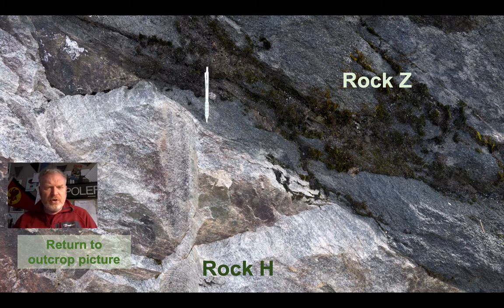Remember, the key feature of rock H are these bands of minerals. Now we can see these bands down here near the bottom of the outcrop shown in this photo, roughly parallel to this very clear boundary between the lighter coloured rock H and the darker coloured rock Z. What could these be? What's it showing us?